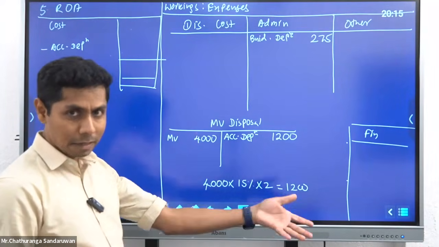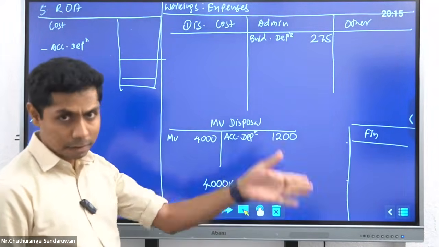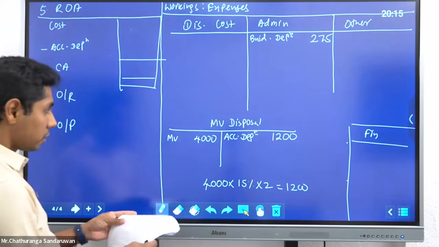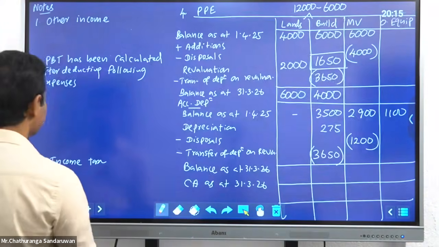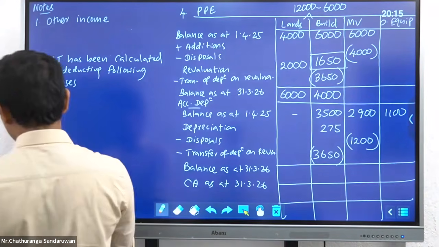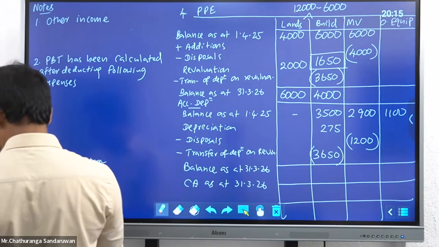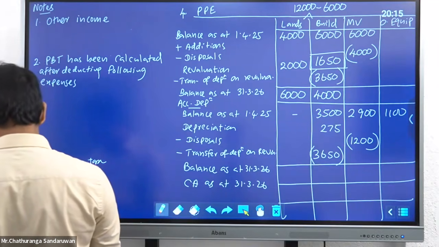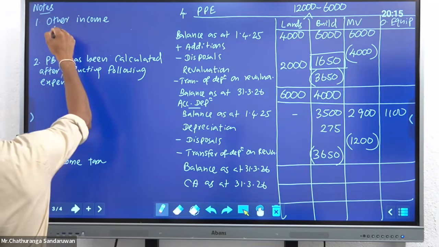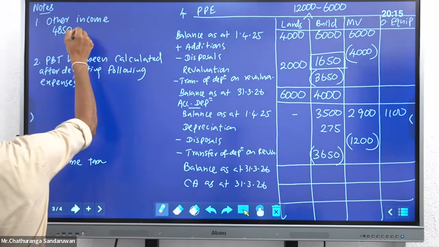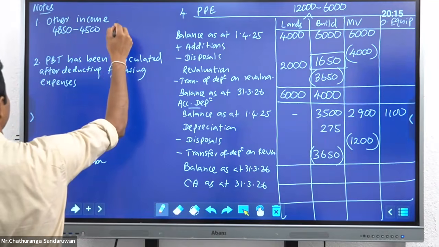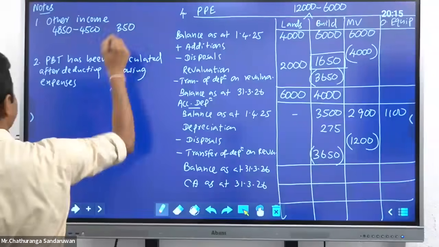Cash has been debited, that is correct, but other income has been credited, that is incorrect. So we have to correct that. So from other income deduct 4,500. Other income, as per the trial balance, we can see is 4,850. So from that 4,850 deduct 4,500. Therefore other income is just 350.